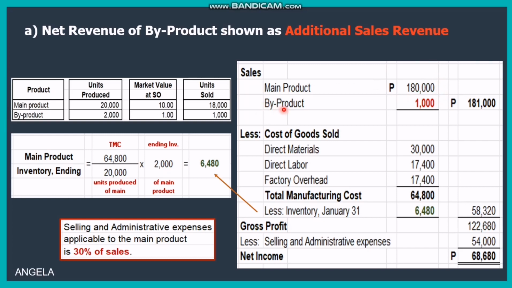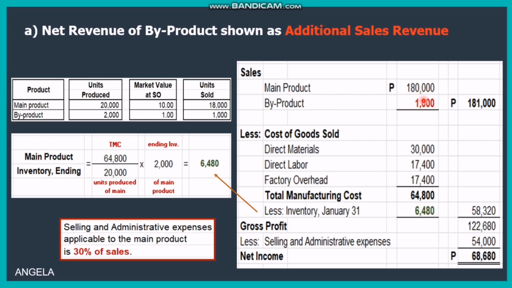For the byproduct naman, meron tayong given na units sold na 1,000 units. And meron siyang market value at split off na 1 peso. So, 1,000 times 1, meron tayong sales for the byproduct na 1,000 pesos.